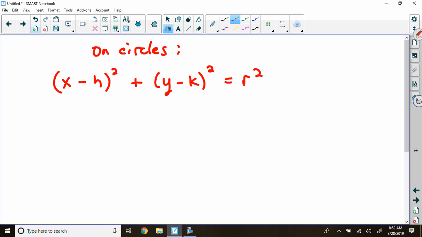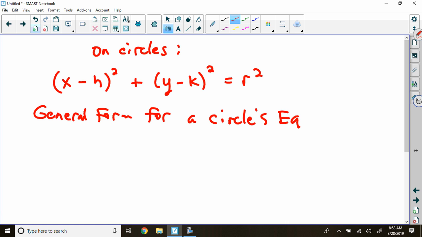That's something that I probably should have mentioned to you prior to you taking the ACT. For circles, that's the general form, the general form for a circle's equation.